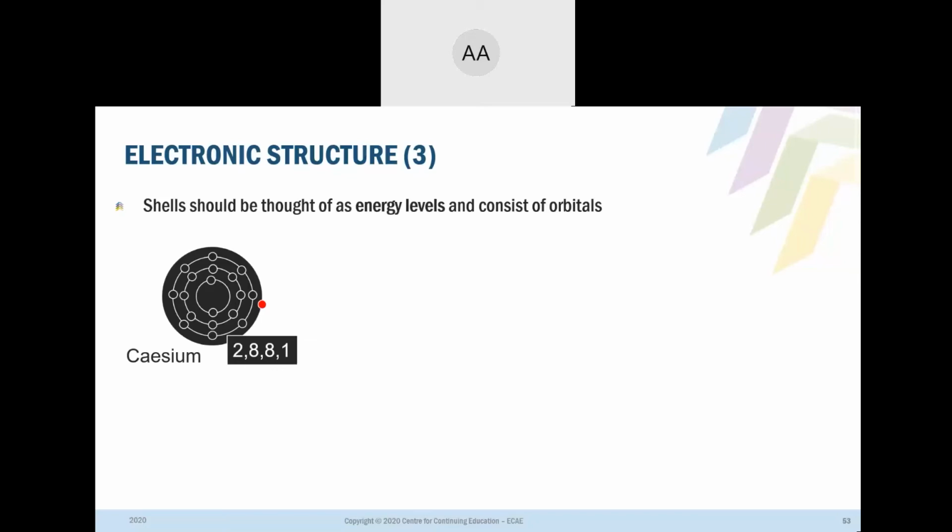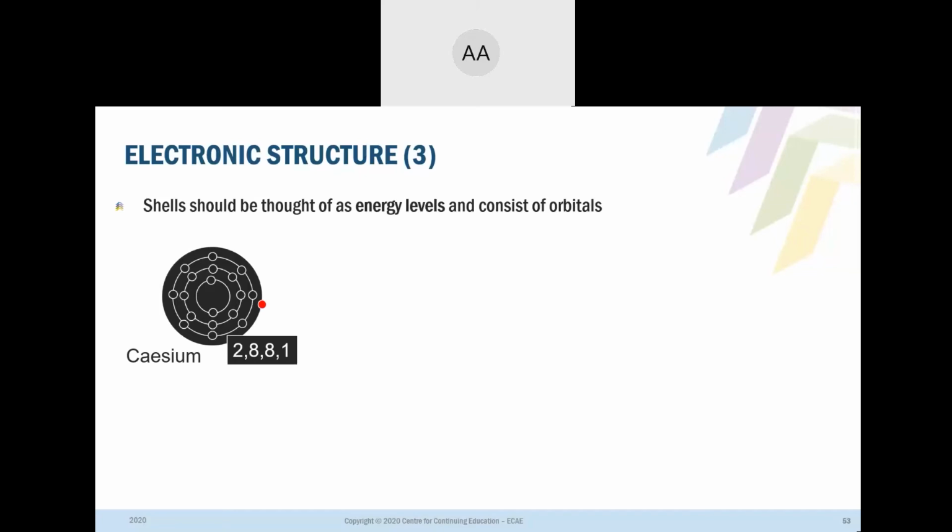Now, each of these are right now represented to you just as circling the nucleus in rings. However, in reality, electrons move along paths that are much more complicated than these rings that you see here.